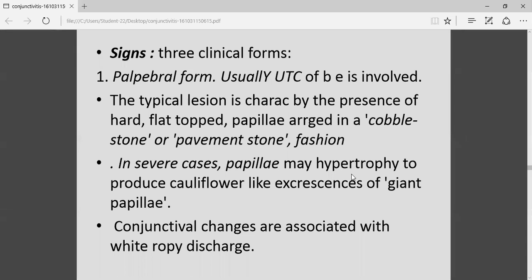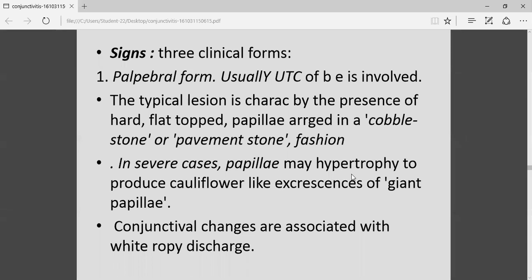There is a papillary reaction found in the upper palpebral conjunctiva. Those papillae sometimes enlarge in size in such a way that their name changes to giant papillae. These have a cobblestone-like appearance. The giant papillae present in the upper palpebral conjunctiva.